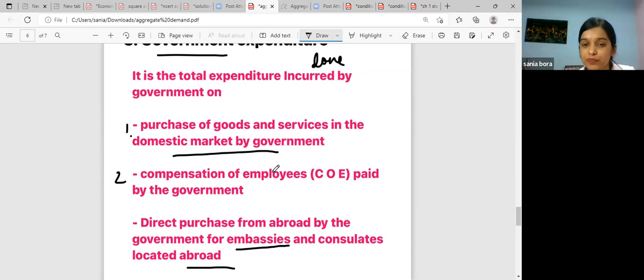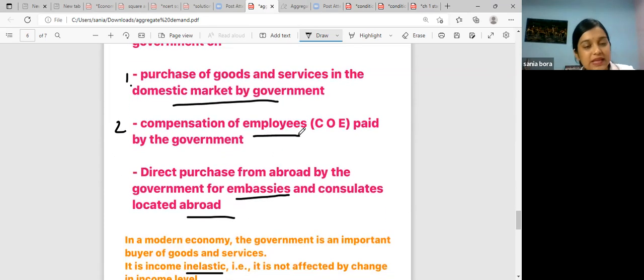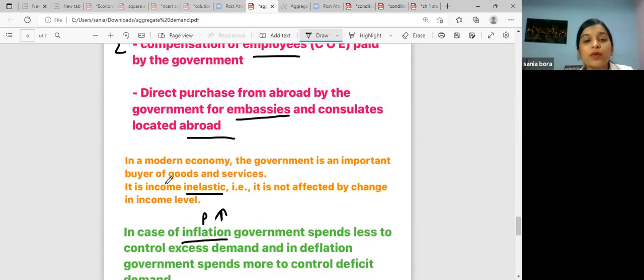Next, direct purchase from abroad by the government for embassies and consultants located abroad. When they purchase something for the embassies, that also comes under government expenditure. In a modern economy, government is an important buyer of goods and services. It is income inelastic, which means government demand is not affected by income level.